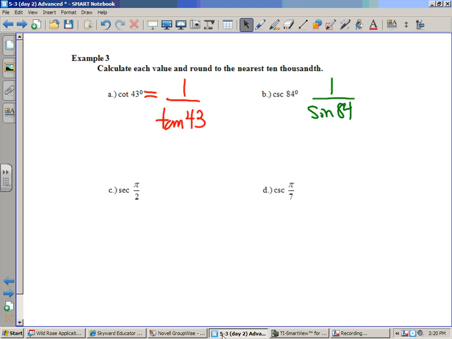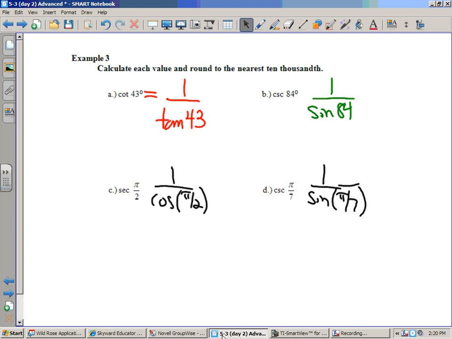Now, I know some of you are trying to convert these. I would start learning how to type them in. These are obviously both in radians. So this is 1 over cosine of pi over 2. And this one is 1 over sine of pi over 7.